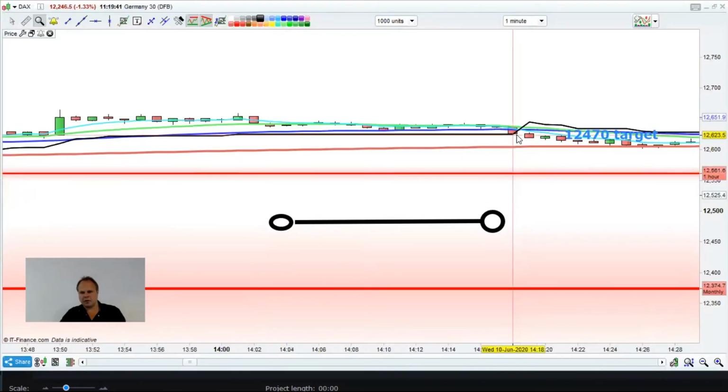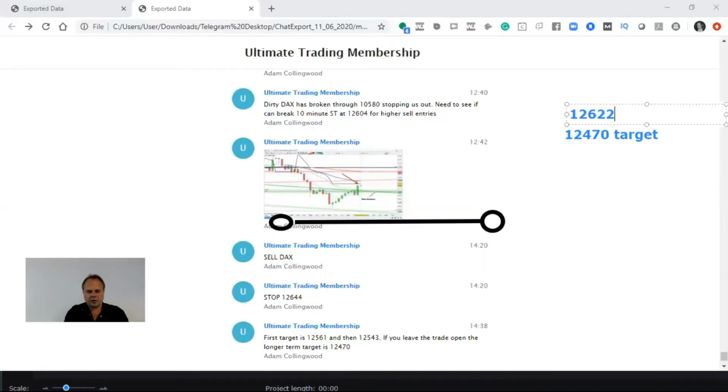Okay, so our entry was at 12,622. So 12,622 entry. Then the stop was 19 pips. The target 12,470.